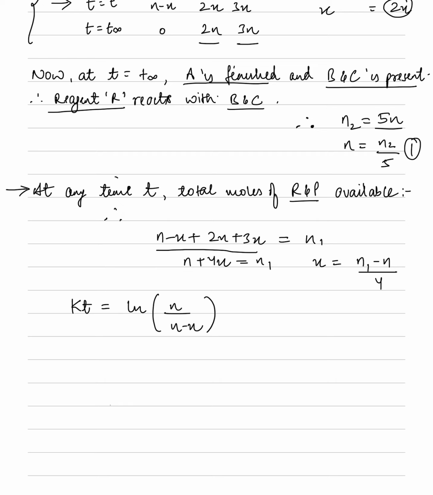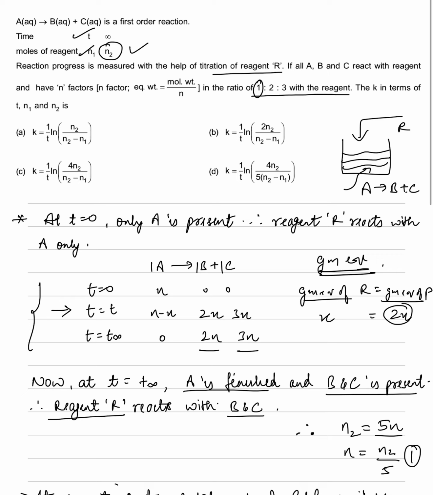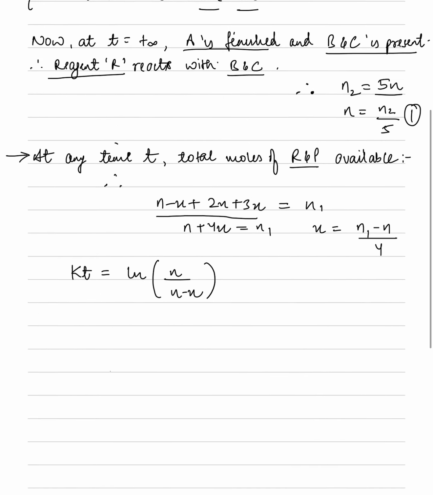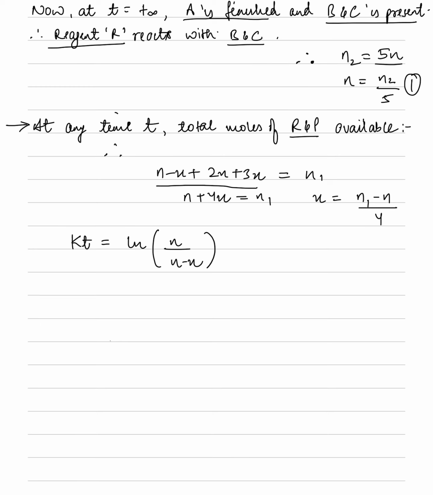Now, the question is asking, what do we need to do? We need to find the value of k. K is the rate constant for this reaction. Because this reaction follows first order kinetics, kt is equal to ln of n upon (n minus x), right?